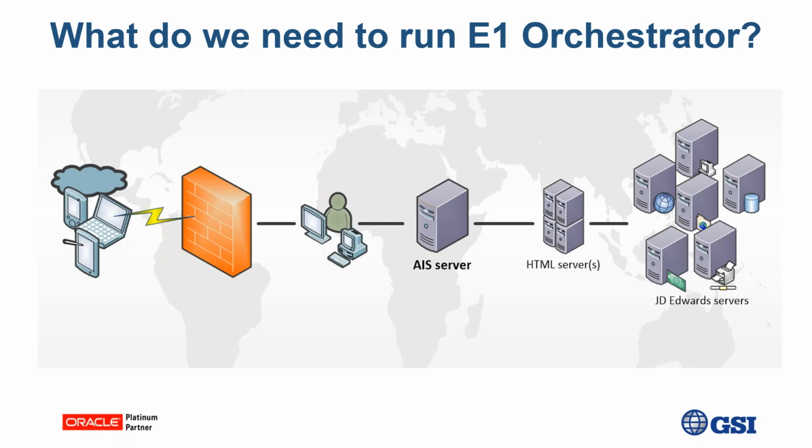The AIS server is not directly connected to the enterprise server, freeing it from any load when running orchestration. So my point here is that it will not have any impact on your interactive and batch applications, and you don't have to worry about resources being stolen by your orchestration, because it does not really go direct to your enterprise server.